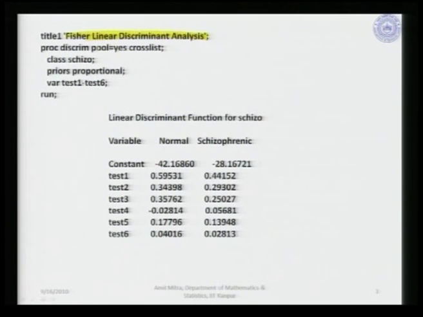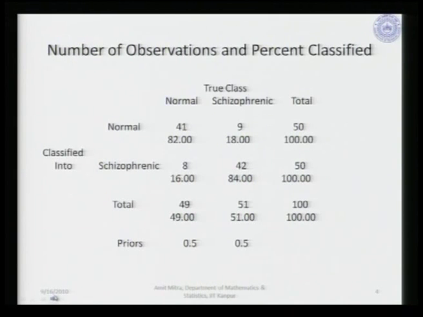Once we apply it, we get the linear discriminant function coefficients: the constant term, and the coefficients corresponding to each component of the feature vector, test 1, test 2, test 3, test 4, 5 and 6. This is for the schizophrenic patient. So, these are the 2 different functions that we get, the function coefficients for the 2 types of patients.